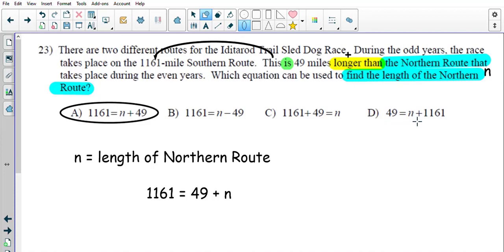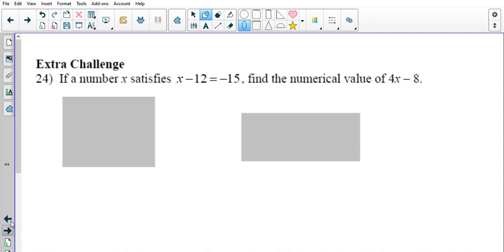And the length of the northern route cannot be a negative distance. So it doesn't even make sense. You should definitely be able to eliminate choice D right off the bat. Choices B and C may be a little harder to eliminate. But again, I always suggest for multiple choice, find your solution first and then see which one matches your solution from there.